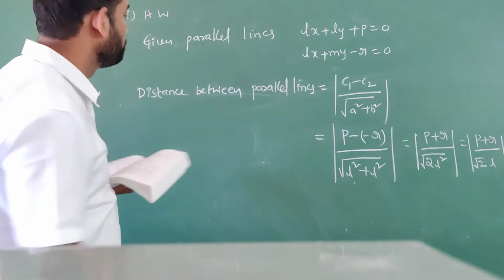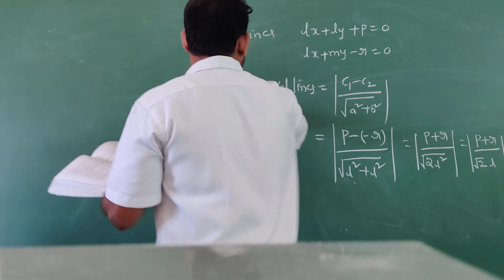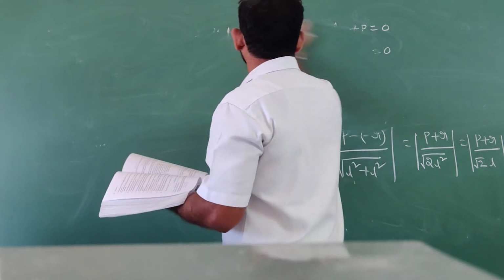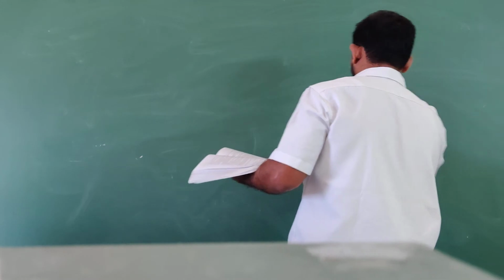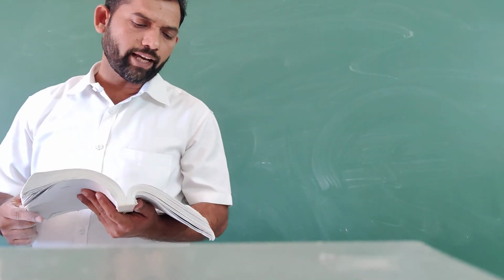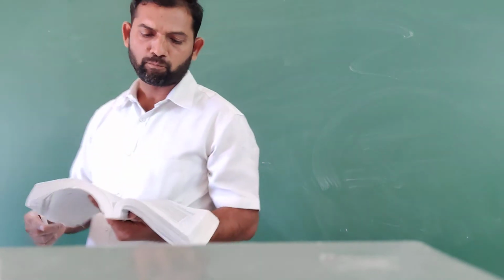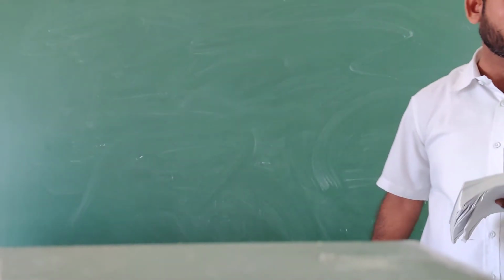Seventh question. Find the equation of the line parallel to the line 3x - 4y + 2 = 0 and passing through the point (-2, 3).